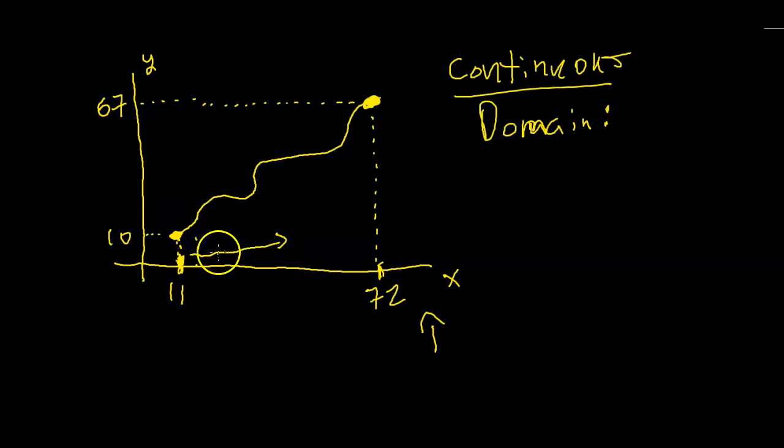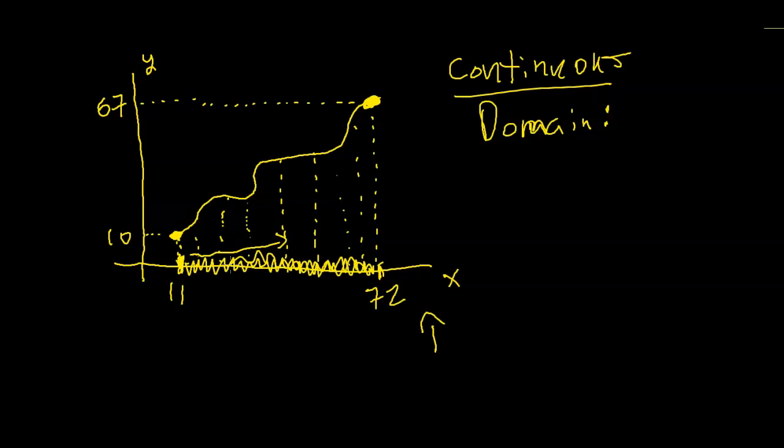If we go from the curve and look down onto the x-axis, that's part of the domain. And of course, every other point on the interval is too, so the domain is this entire interval over which the graph exists.